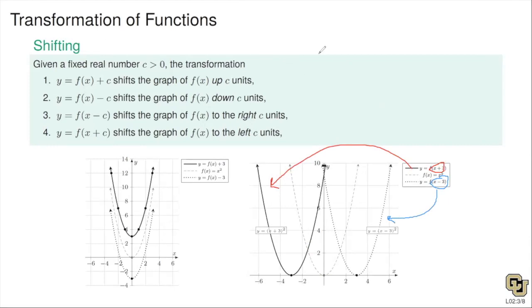This is our basic shifting, which you've seen before. Combined with the basic shapes and plotting some points, you can figure out which way the shifting goes. At the end of the day, you can always plot some points to figure out exactly how your curve is oriented.